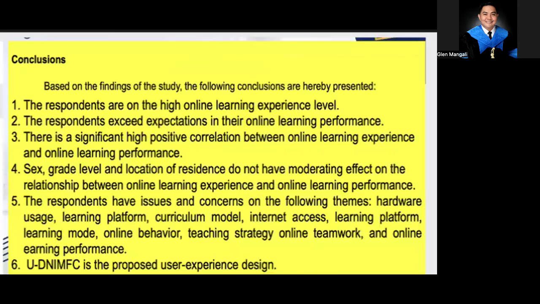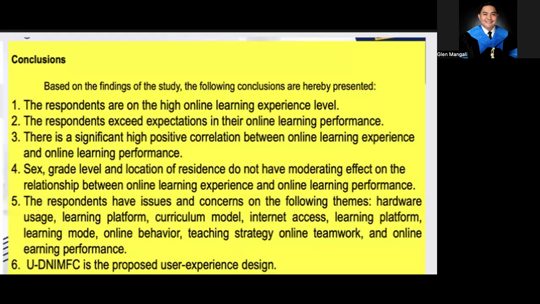For example, based on the findings of the study, the following conclusions are hereby presented. So you will notice here in item number 1, the respondents are on high online learning experience level. So that is just our conclusion. And that can be further analyzed when you look at the result of your study.